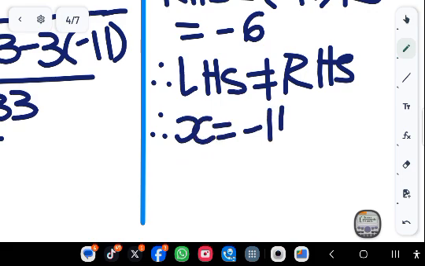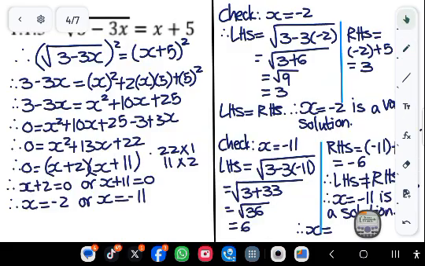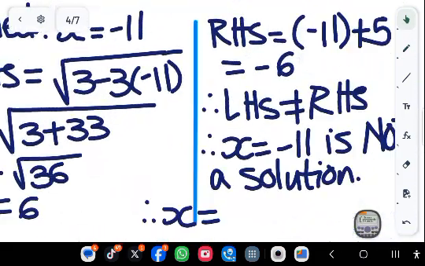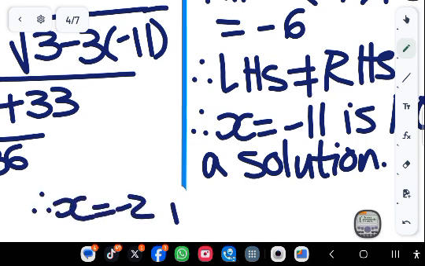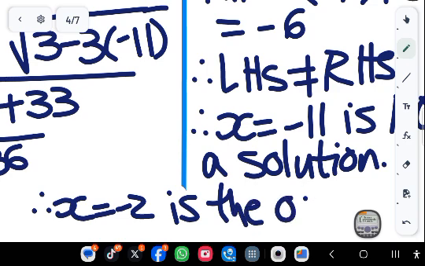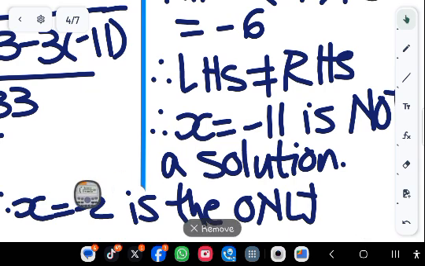Therefore, x equals negative 2 is the only solution. That is the only solution.